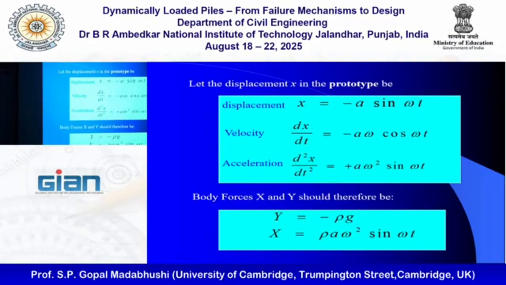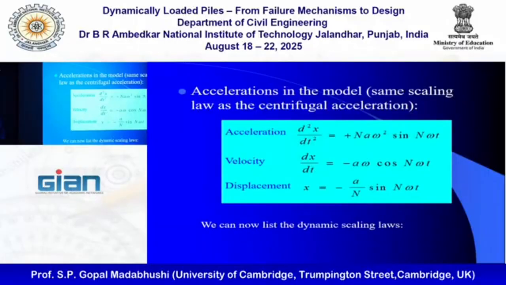Now when I want to do centrifuge testing, at the model scale, yesterday we said that the acceleration should be increased by n, right? Because you scale the model down by a factor of n, and therefore the acceleration should be increased by ng. I can't say that for centrifugal acceleration I'll use n, but for shaking acceleration I'm not going to do that.